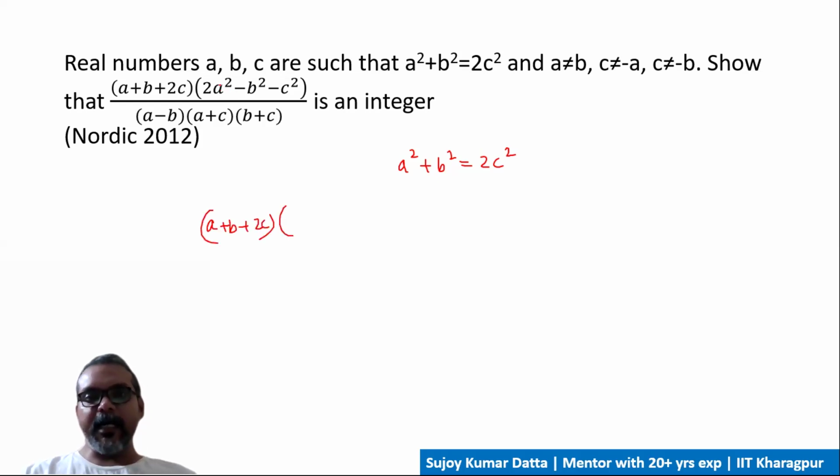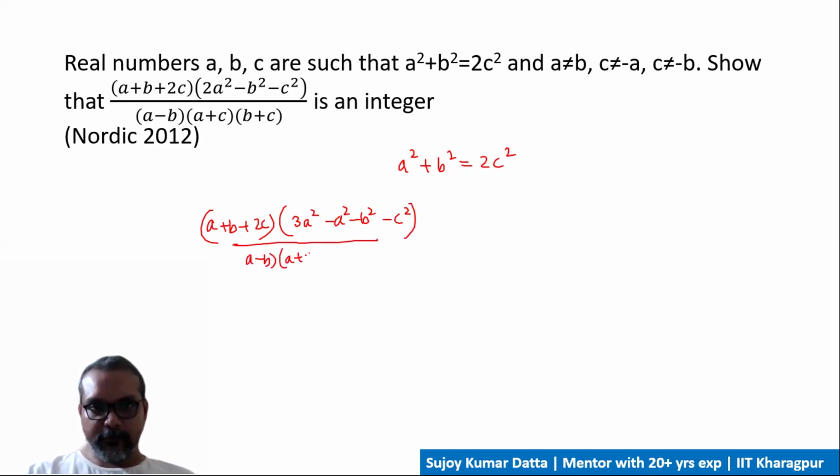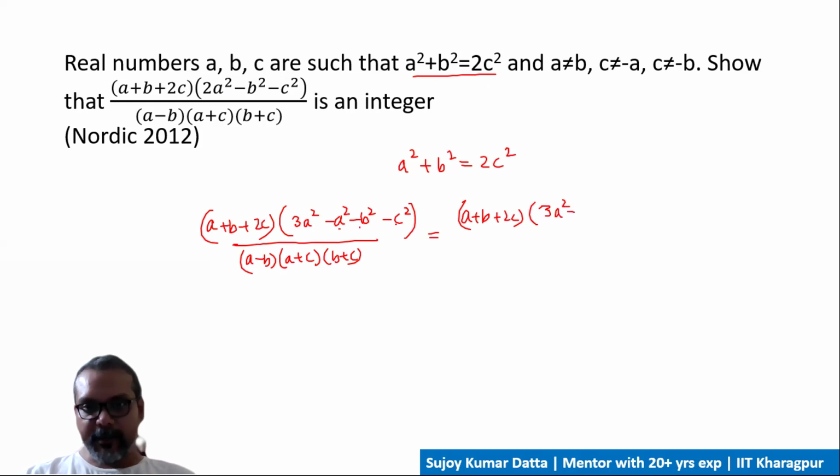Now here we deliberately add a squared. So we have 3a squared minus a squared minus b squared minus c squared. So now this a squared and b squared from here is basically 2c squared. So that becomes minus 2c squared minus c squared is minus 3c squared.